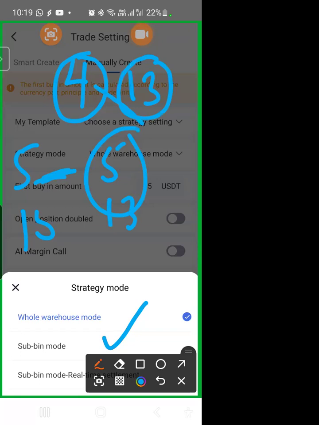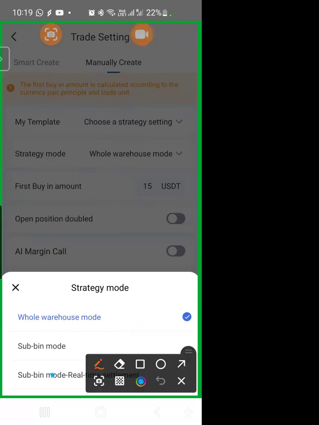It will just keep it there. And if you decided to put it at sub-bin real-time settlement, each one will be bought alone and sold alone. And in the end, you will see the profits being made.